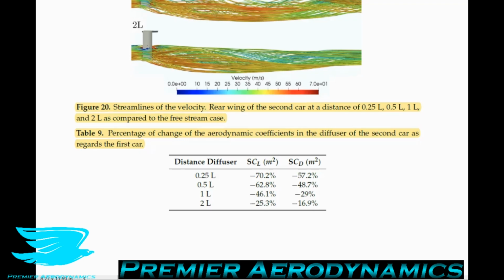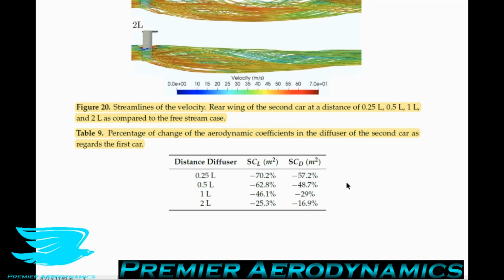So let's break this down a little bit more. We found that the front wing is kind of affected by the upstream wake. The rear wing is very affected. The diffuser is even more affected, especially at close proximity. At 0.25 lengths downstream of the follower car, so it's very close, the lift area has dropped by 70%.